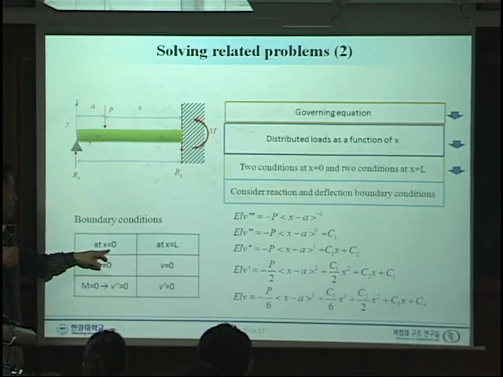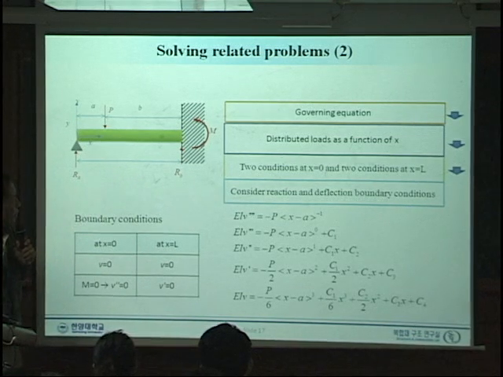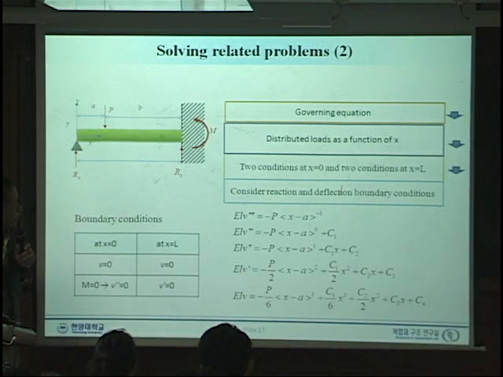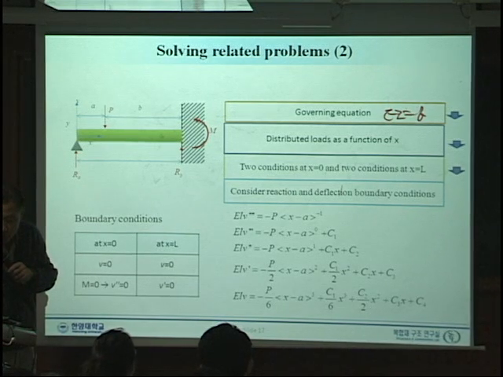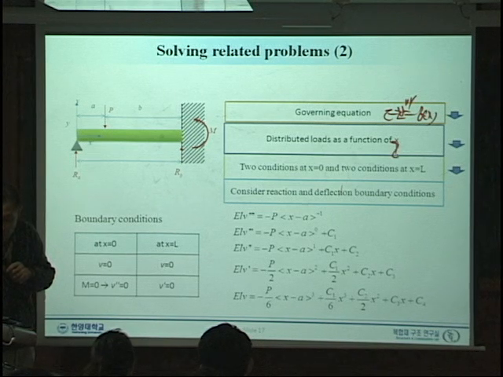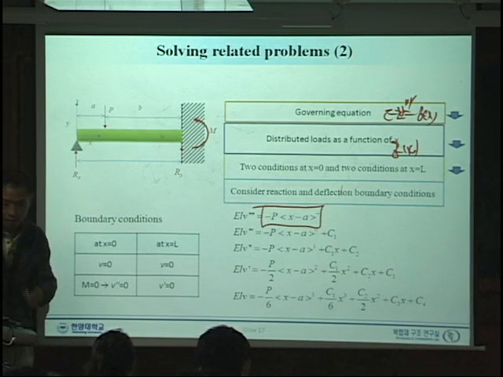At x equals 0, again, you need to start with the governing equation, EI 1, 2, 3, 4 and q(x), and q(x) is simply this one.